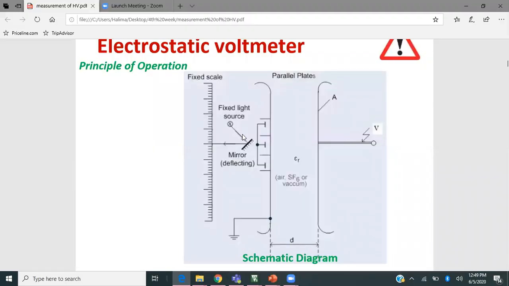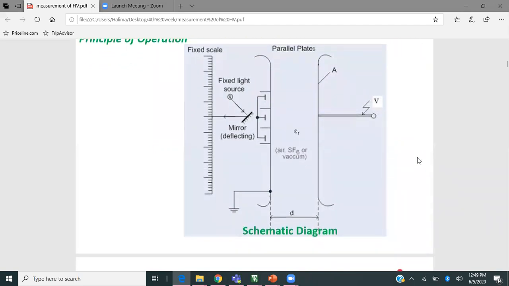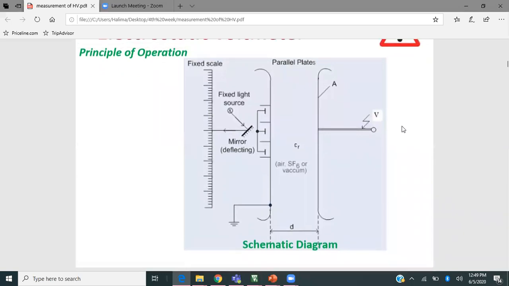Here is the fixed light source, there will be some mirror deflection, and this is the fixed scale. These are the parallel plates with air as the medium between them, and S is the distance between the plates. When you apply voltage here, due to the attraction of the charged particles, there will be some deflection. And this is the calibration, as we have seen on the board.